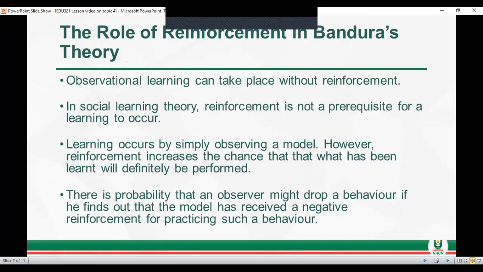What is the role of reinforcement in Bandura's theory? Like I said earlier, reinforcement has not been mentioned all along in the course of this discussion, unlike when we discussed the theory of Pavlov, Skinner or Thorndike.